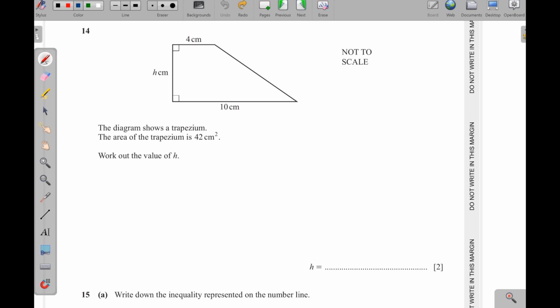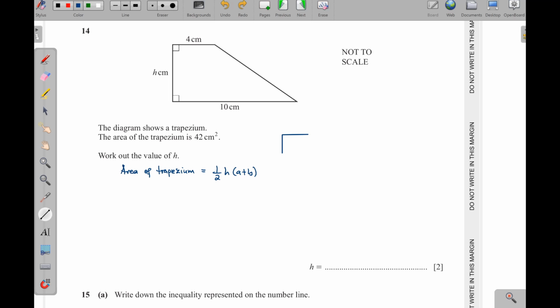Area of a trapezium is equal to a half h into a plus b. This is how we get it. If I have, let's say this is our height here, then I have these two parallel sides.